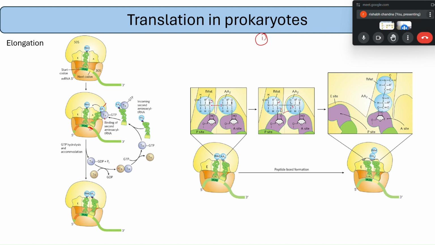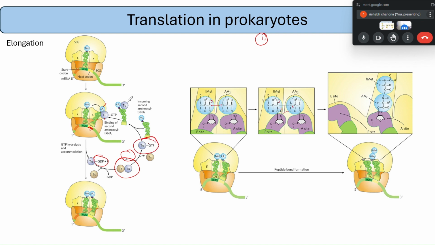So there is a complex called EF-Ts EF-Tu. So the EF-Tu is GDP bound when it is inactivated. Okay, so when this is GDP bound, it attracts EF-Ts, and when it needs to be activated, EF-Ts basically helps in activation of EF-Tu. So EF-Tu now gets GTP and EF-Ts is released.